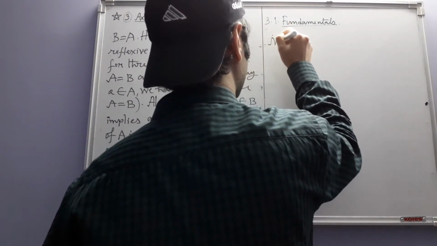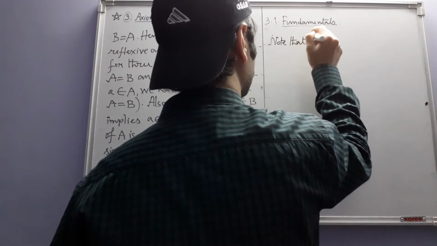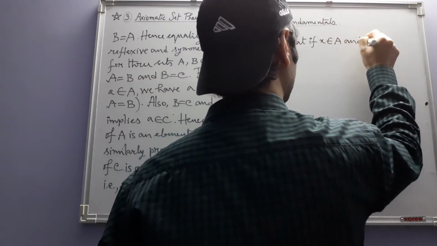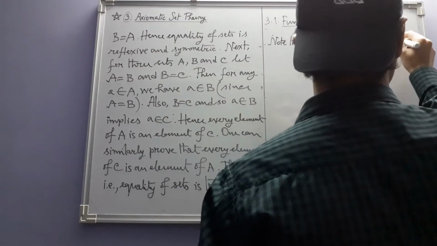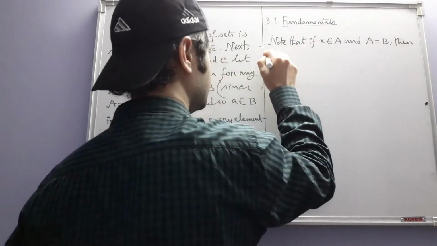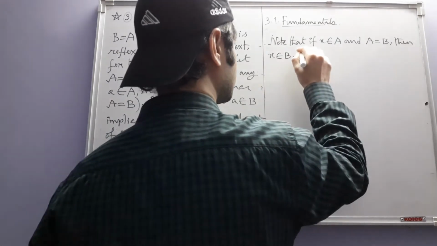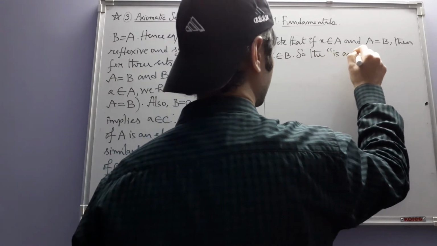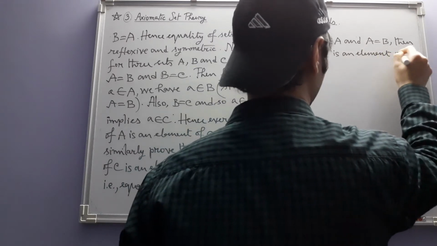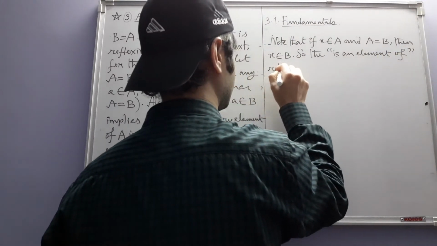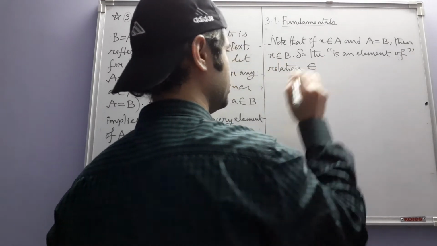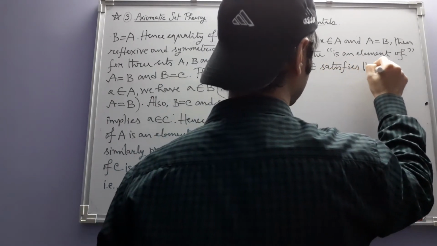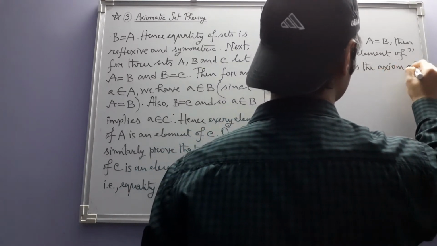Note that if x belongs to A and A is equal to B, then by the definition of equality we have x belongs to B. So this relation, the element of relation, which we also denote by this symbol, satisfies the axiom of substitution.